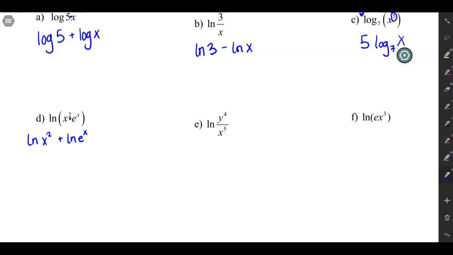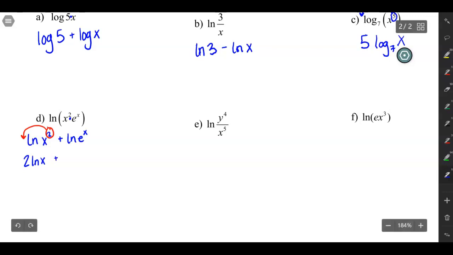Then I'm going to apply some other properties. One thing I can do is take this 2, that's an exponent on the x, and bring it in front of my logarithm. So it's going to be 2 natural log of x. Now this next one, I'm going to do something a little bit different.